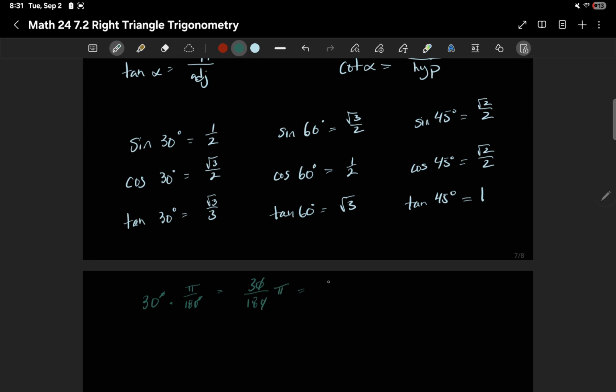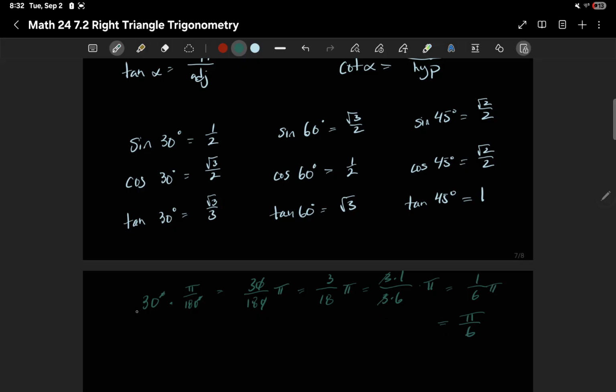Cross out the zeros so that we get 3 over 18 pi. Then 3 is 3 times 1, and 18 is 3 times 6. The 3s cancel, so we get 1/6 pi, or another way to write it is pi over 6, which is far more common.